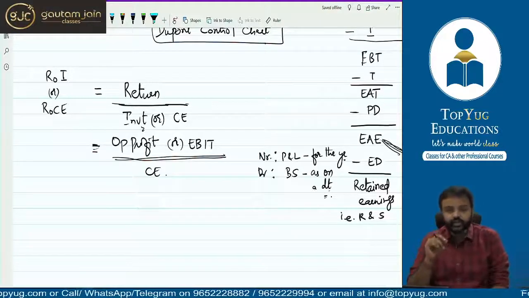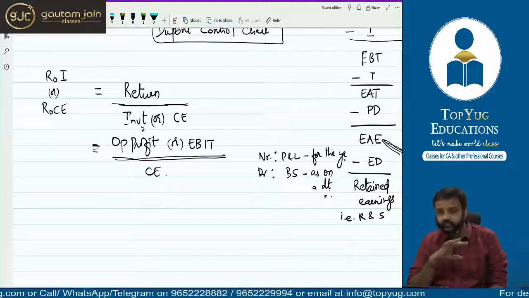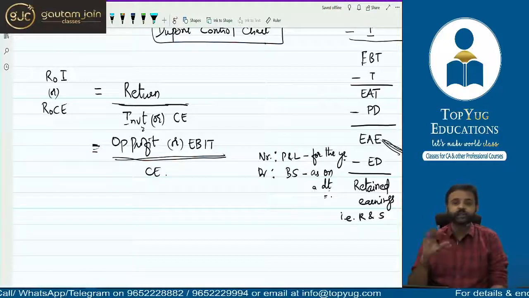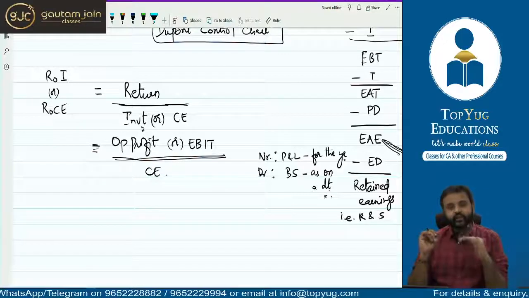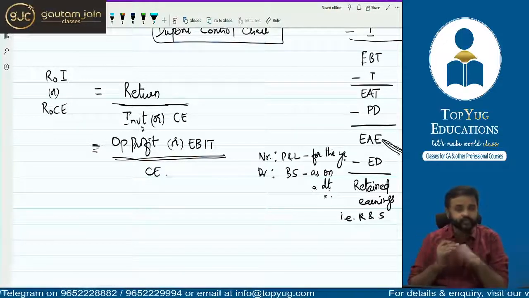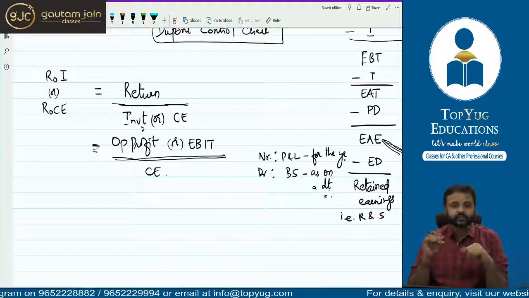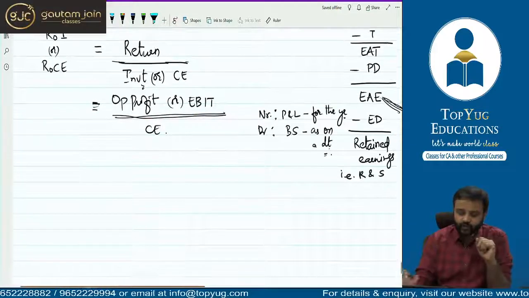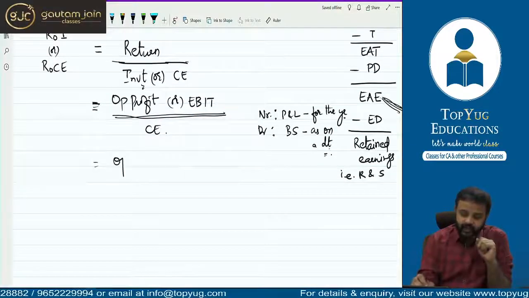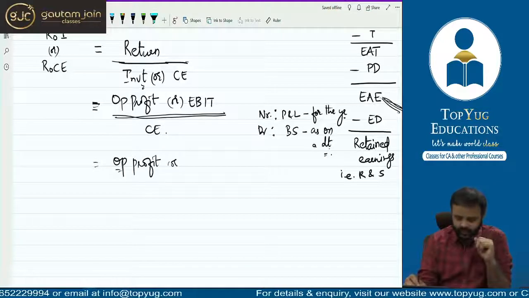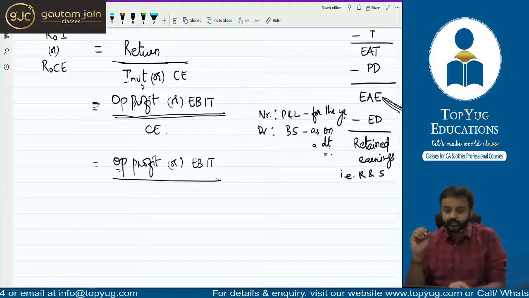So numerator has got a figure which is for the year, denominator has got a figure which is as on a particular date. That means in a way you're comparing oranges with apples, whereas you should compare oranges with oranges, apples with apples, isn't it? So that's where, my dear friends, what we will have to do here is we will take in the numerator operating profit, or maybe EBIT, whatever you want to write, okay? Better term would be operating profit, of course.